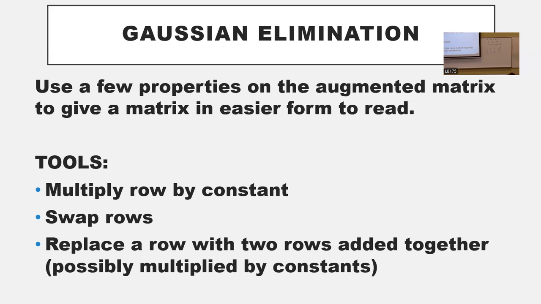Another way I can get the same system is if I just swap the order of the equations. I put equation 1 first, equation 2 second, or equation 1 second, equation 2 first, I get the same thing, right? Same solutions.